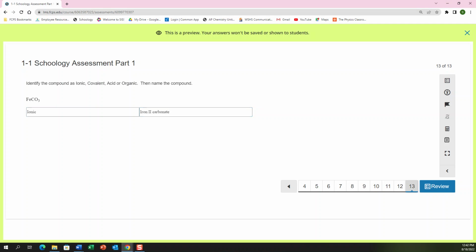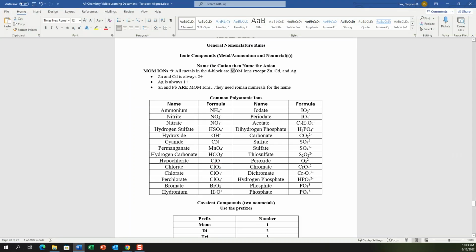So what you have to do is say, okay, well, in this formula I have 1 carbonate. Remember, if you had more than 1 carbonate, the carbonate would have to be in parentheses, and then there would be a subscript outside of the parentheses telling me how many you had. So CO3 is 1 carbonate ion, so you have 1 of them. If you didn't have the charge memorized, you'd go to your reference chart here and say, okay, 1 carbonate is minus 2.